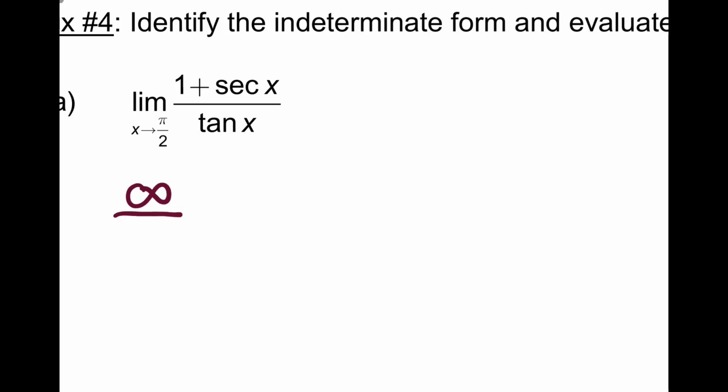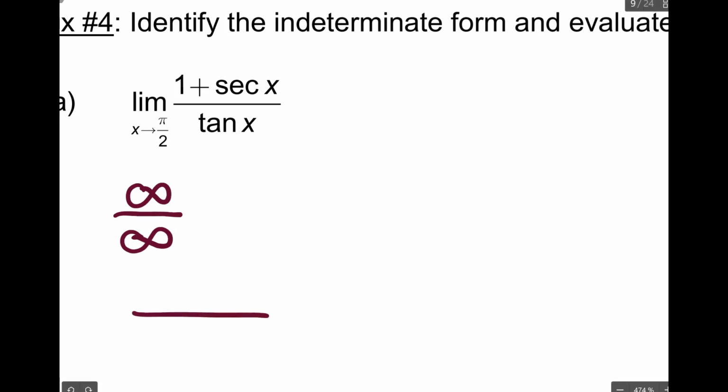Sine is 1, cosine 0, except it's not 1 over 0. We're approaching 1 over 0. As we get closer to pi over 2, the bottom of the fraction gets smaller and smaller, and then the whole thing is growing.